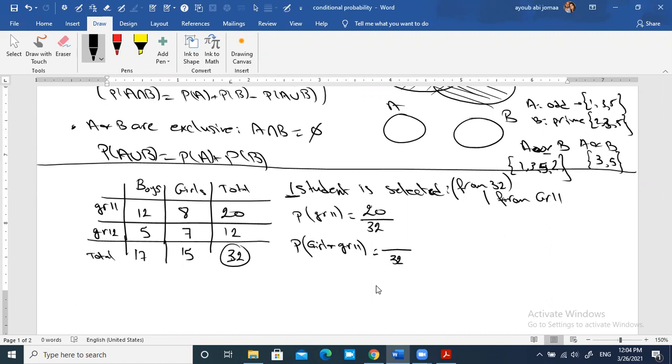How many students are girls and from grade 11? Students that are girls and from grade 11.